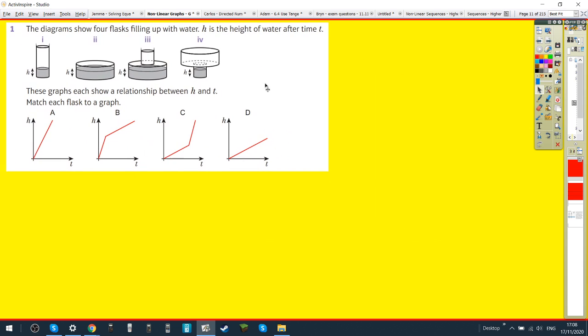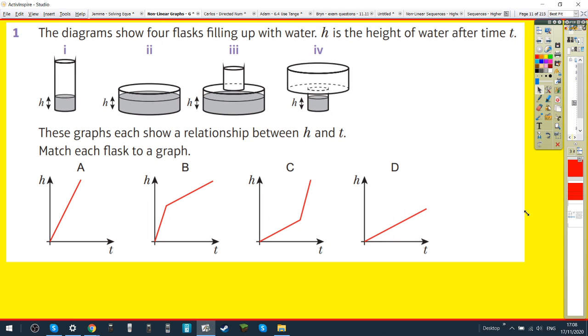Oh, okay. How about these? These ones. I think A is 1.